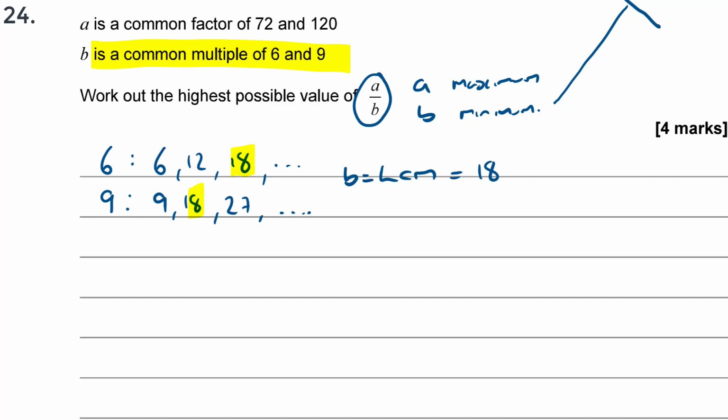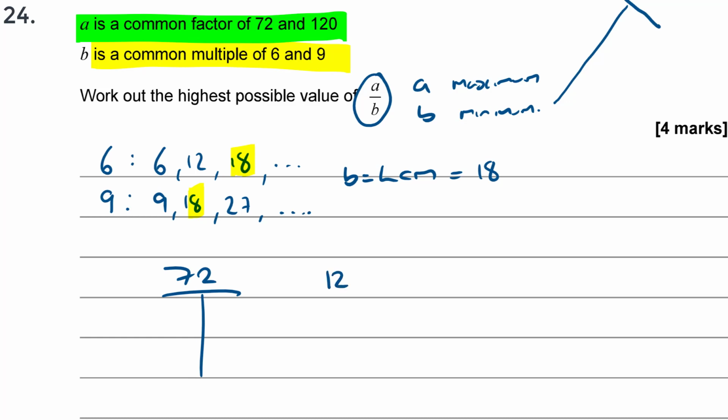What about A then? We've got A is a common factor of 72 and 120. So let's list out the factors of 72 and 120. I tend to write them down in factor pairs. So 1 goes with 72. 2 goes with, well, half of 72 is 36. I think 3 must go into it then as well.